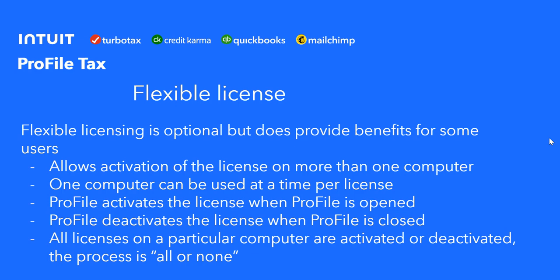It'll deactivate all the licenses and activate all the licenses. That's a question that comes up quite a bit, so it's good to know that. If you activate on that computer and use flexible licensing, it'll activate and deactivate all the licenses activated on a computer. Let's go to profile and look at the setup and the options.